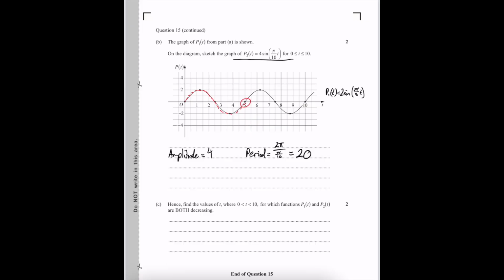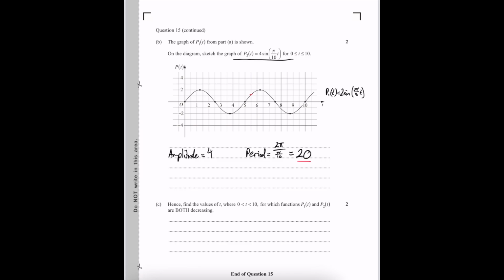Essentially the behavior of the graph starts repeating itself every 5 seconds. And we can see, on the next 5 seconds to 10, it starts repeating itself after that.